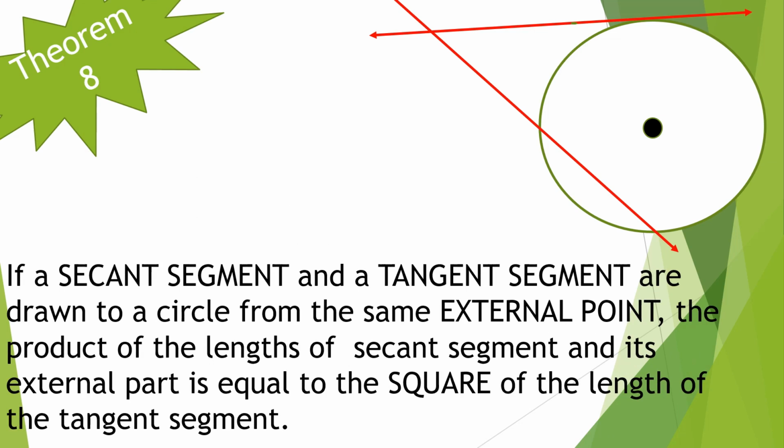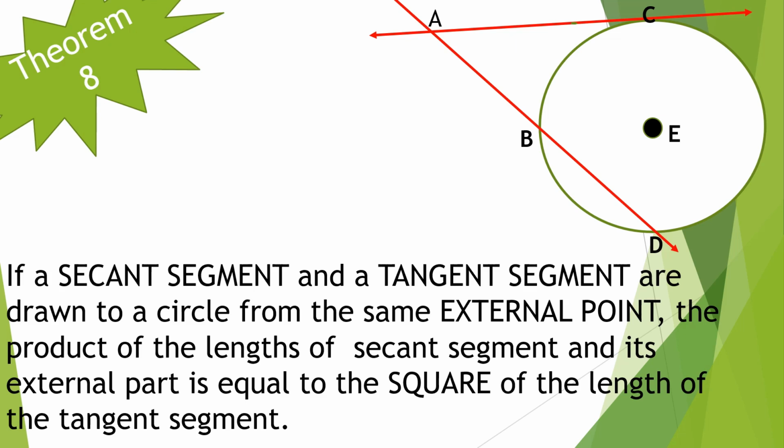If a secant segment and a tangent segment are drawn to a circle from the same external point, the product of the lengths of the secant segment and its external part is equal to the square of the length of the tangent segment. Supposedly, we have this one. AC is the tangent segment, and AD is the secant segment.